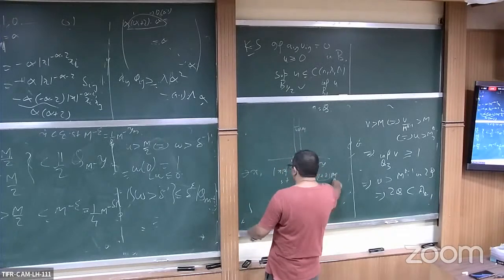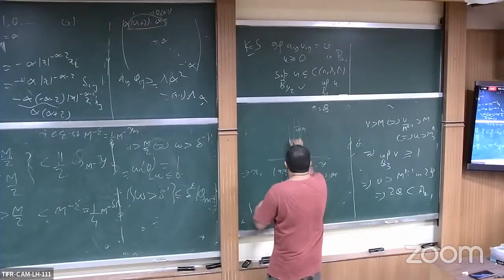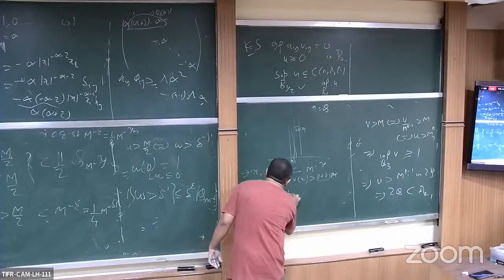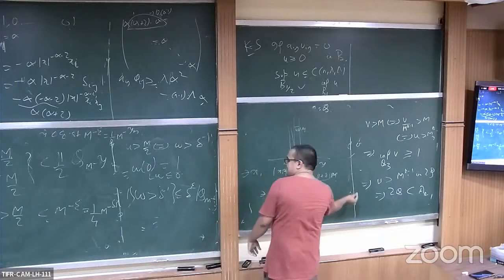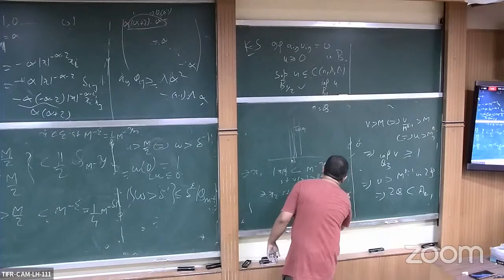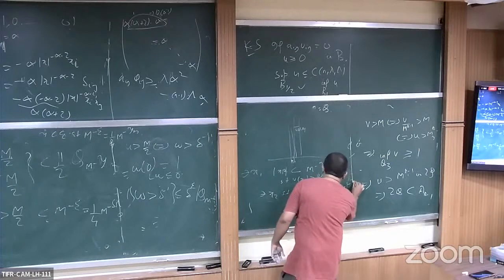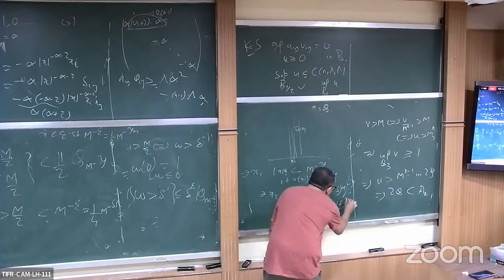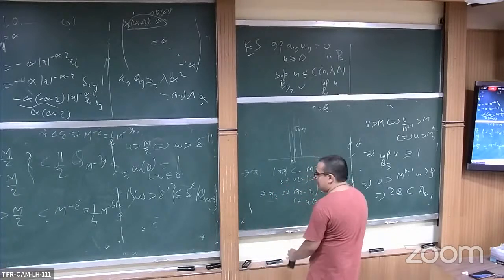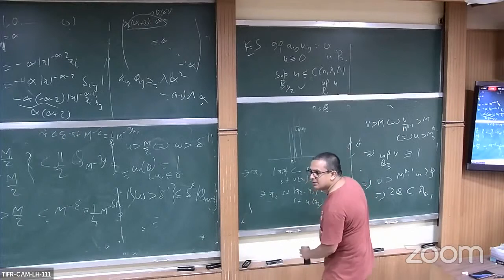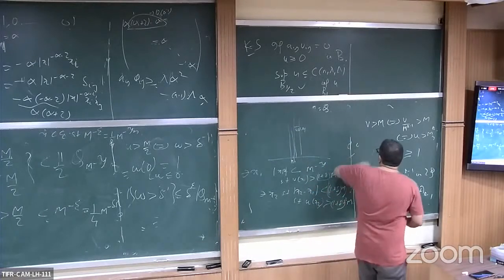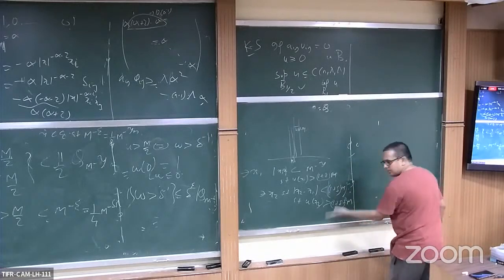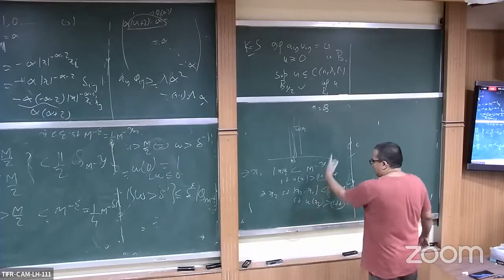Now at x1, if this value is bigger than this, then again if I repeat this argument at x1, there exists some x2 such that x2 minus x1 is less than 1 plus delta m to the minus gamma, such that u of x2 is bigger than 1 plus delta times the previous value, which is 1 plus delta times 1 plus delta times m, which is 1 plus delta squared m. Clear? So this is what I have, and now I repeat.